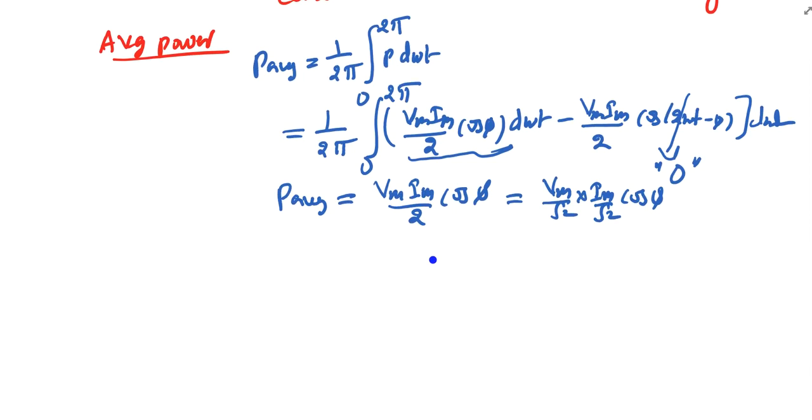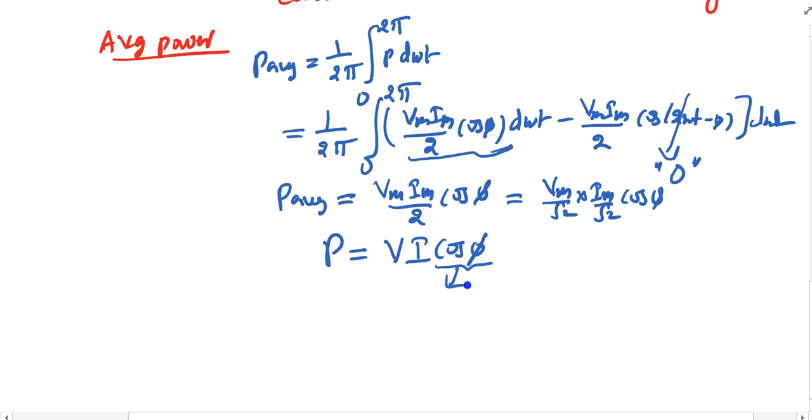So finally you can write this power is equal to Vm by root 2, which is nothing but Vrms, times Irms, and the cos phi, which is called a multiplication factor. Cos phi is nothing but a multiplying factor which is multiplying with your voltage and current.